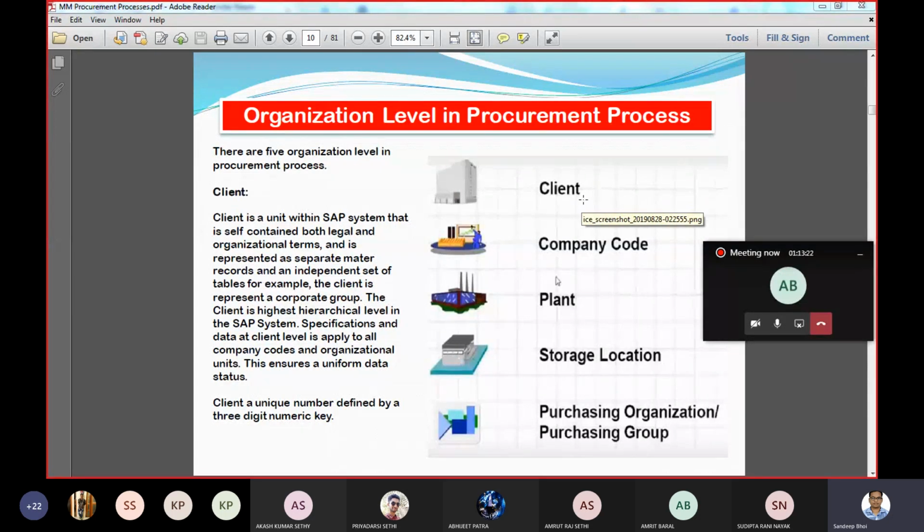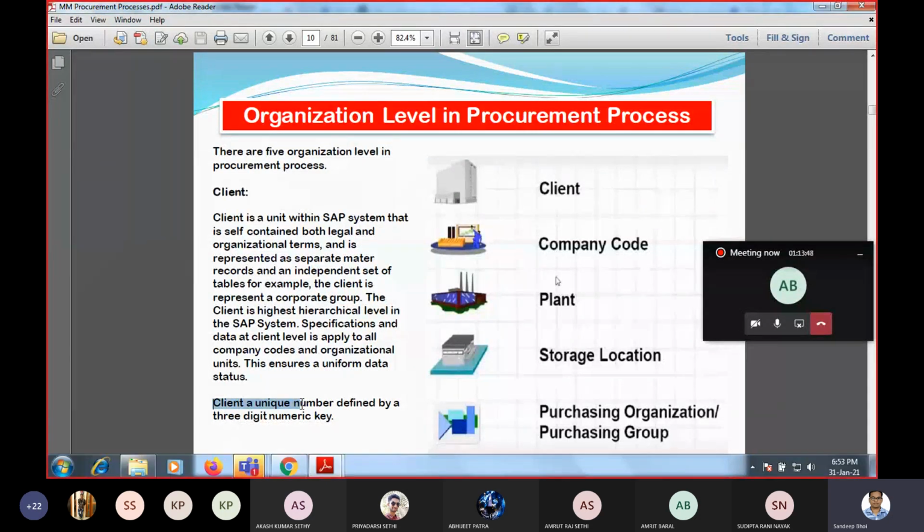That is what I told you in the last class: we have been assigned to the 800 client. So SAP will assign one client a unique 3-digit key.